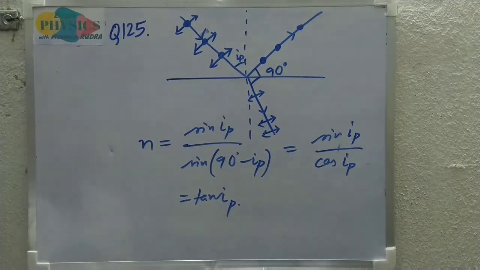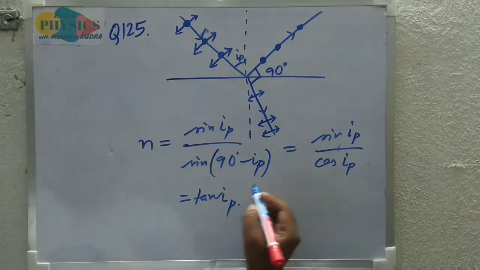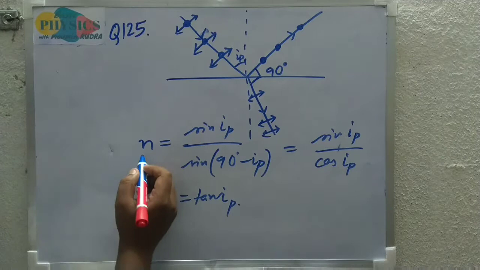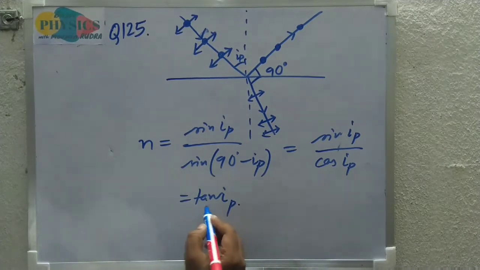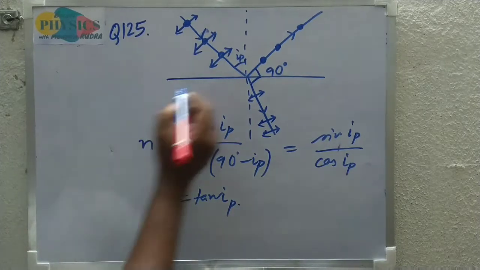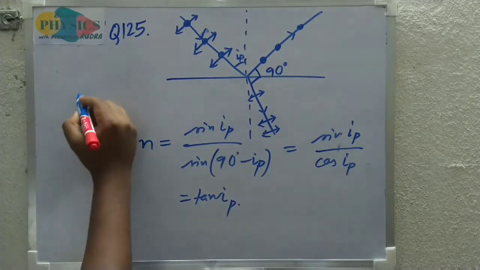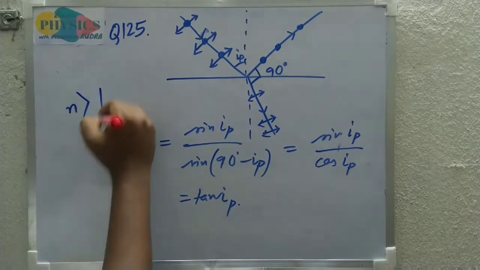So question number 125. Here given the Brewster's angle for an interface should be. So from this we know that for Brewster's angle, the refractive index N equals tan IP, the angle of incidence. Now what will be the value of IP? We know that if it is a glass surface or quartz etc., N will be greater than 1.